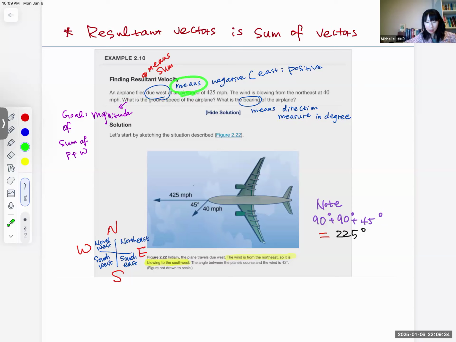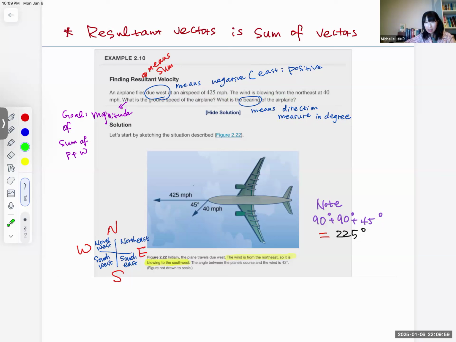West means negative, and east is positive. At an airspeed of 425 miles per hour, the wind is blowing from the northeast at 40 miles per hour.